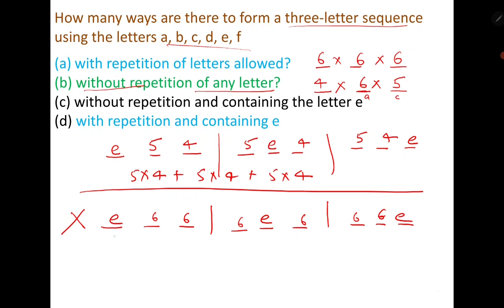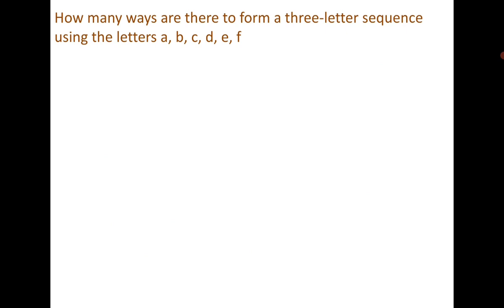Let's say E is here and you filled F here. In this case, E can take a position here and F is here. So there is a repetition of cases, and this creates the problem, because we need all outcomes to be disjoint or distinct.